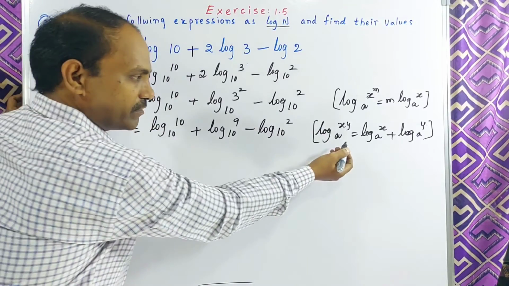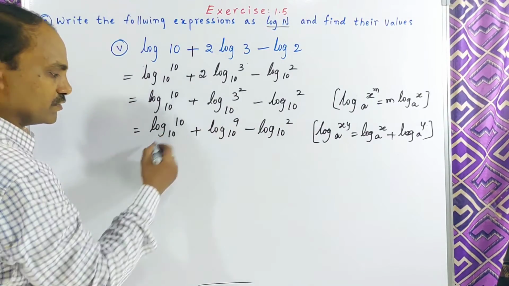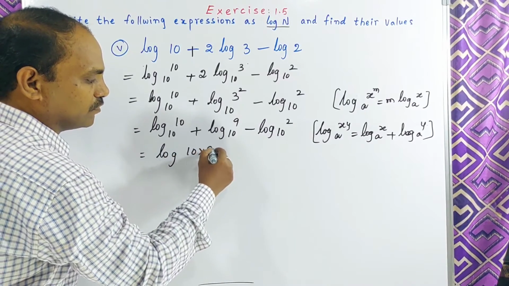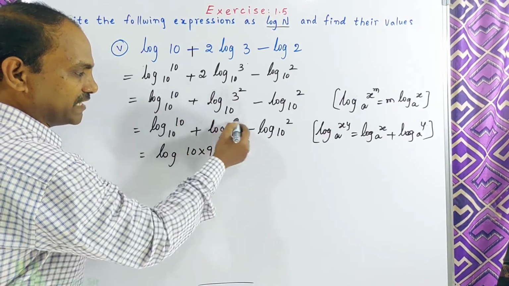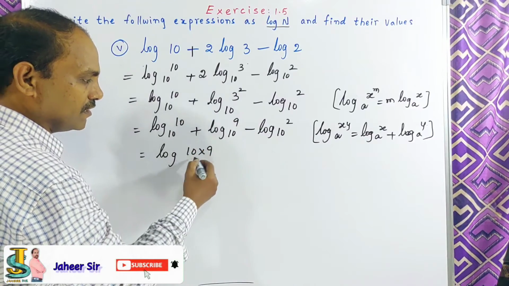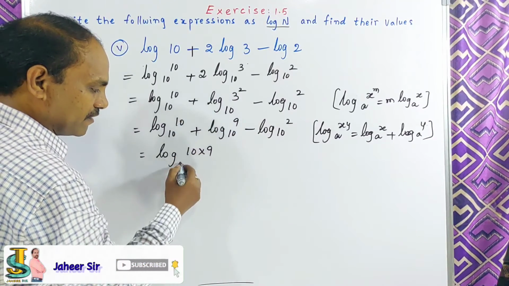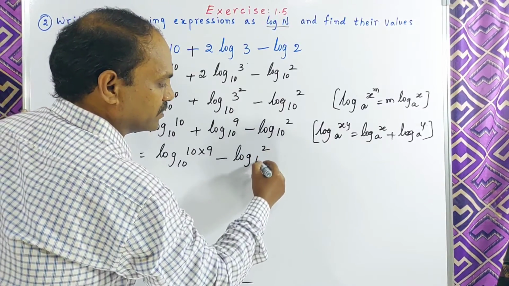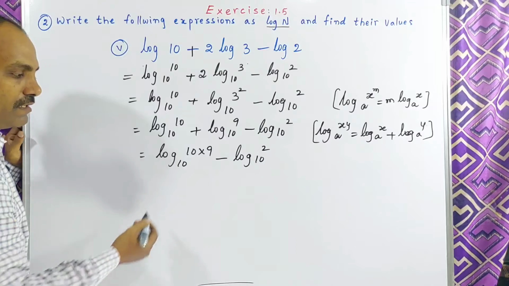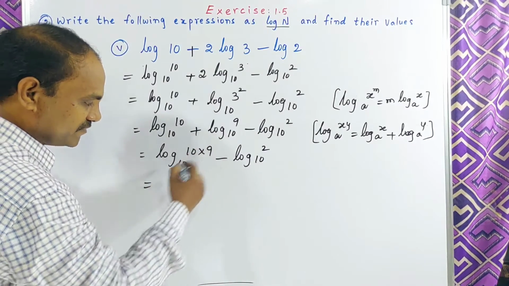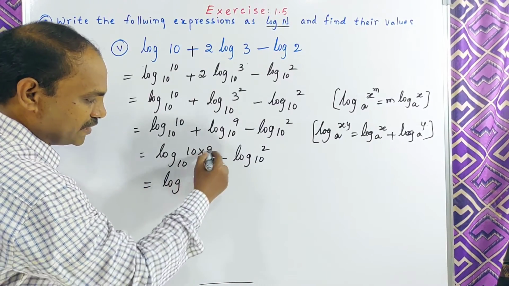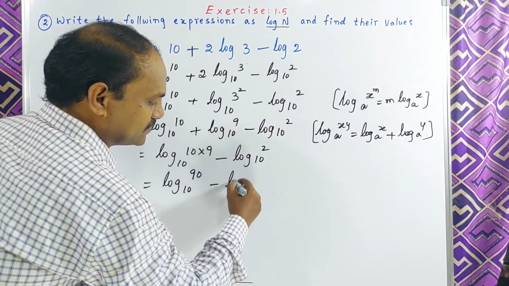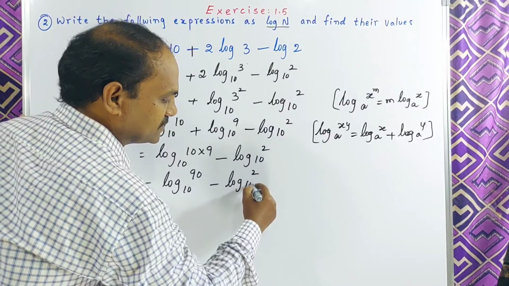By using this formula we can multiply these two, log 10 into 9 to the base 10 minus log 2 to the base 10. What is the value of this one? Log 10 into 9, 90 to the base 10 minus log 2 to the base 10.